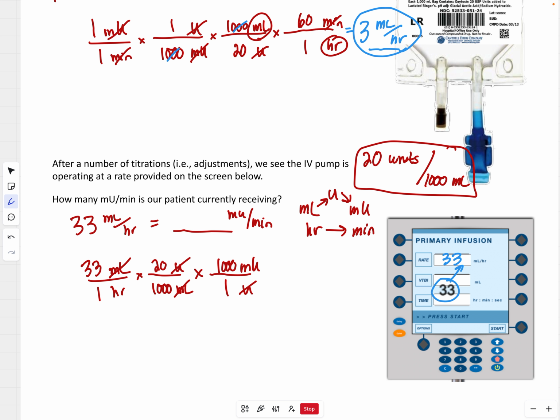If I stopped right now, I would have milliunits per hour. That's what I want in my numerator. The last step is to turn those hours into minutes. I am going through my dimensional analysis, not guessing. I thought through all the conversions I wanted to do using the plan that I have up here.